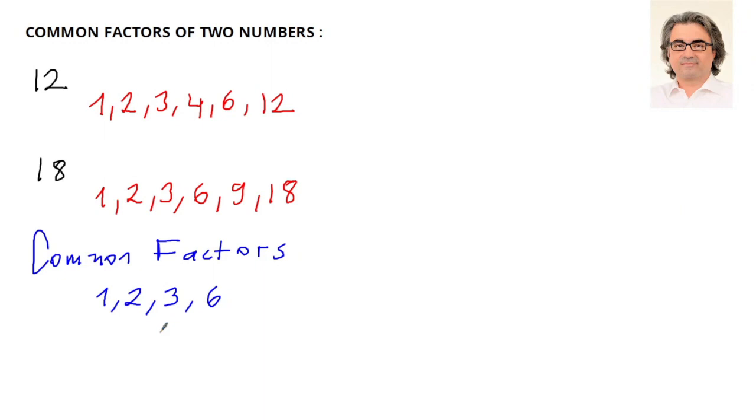What about the huge numbers? If I choose, for example, 150 and 360, how can I find their common factors? Now let's try to find on another page one more example of their common factors.